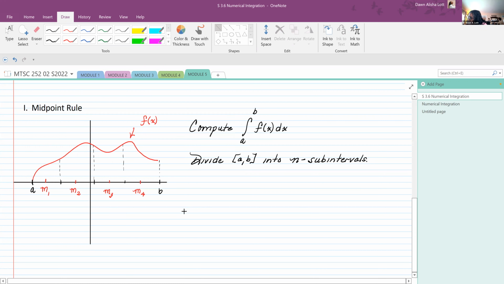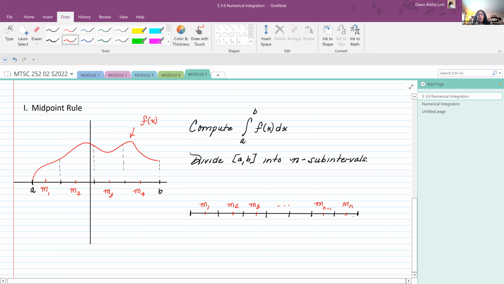So in general, I'm going to take a line like this and divide it up into n equal subintervals. And then I'm going to find the midpoint M1, midpoint M2, midpoint M3, dot, dot, dot, midpoint Mn minus 1, midpoint Mn.